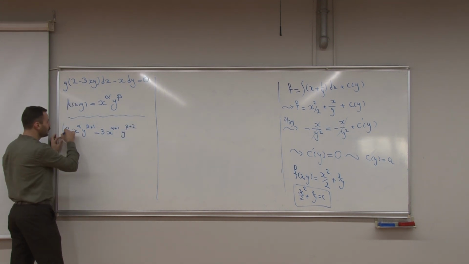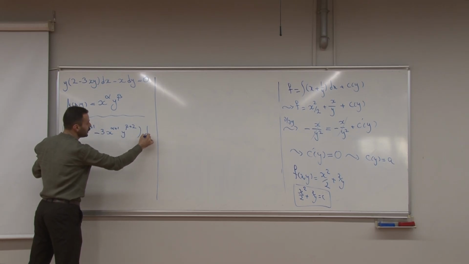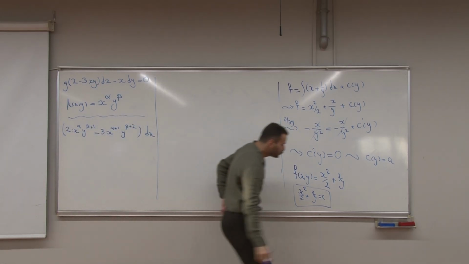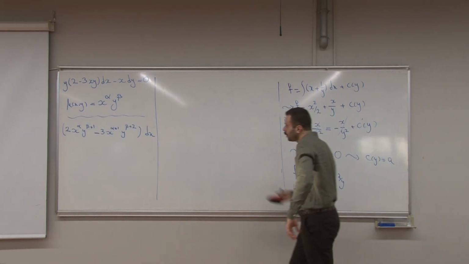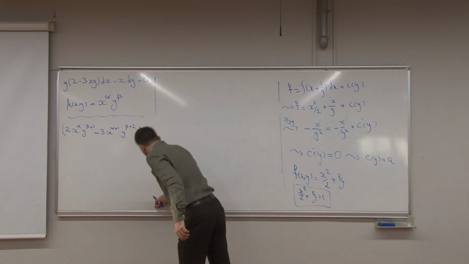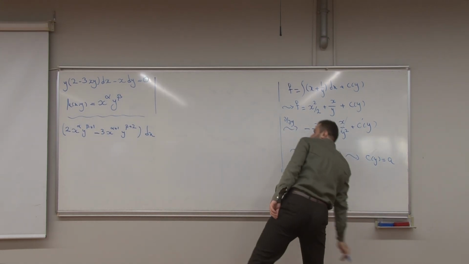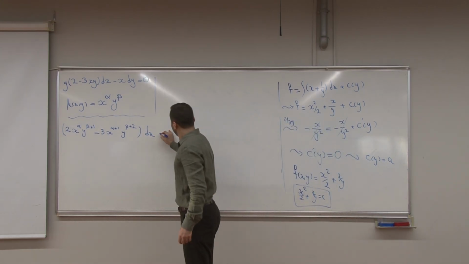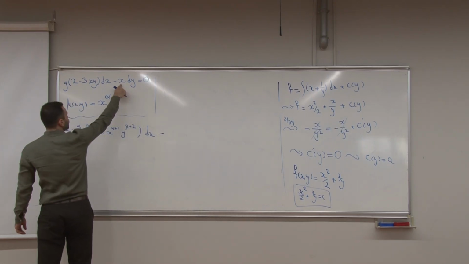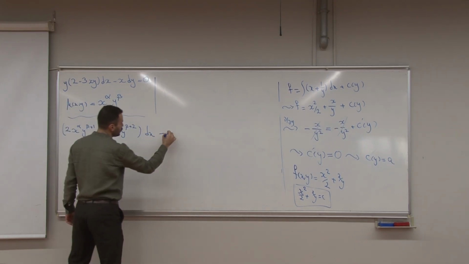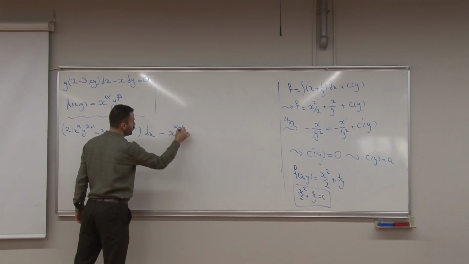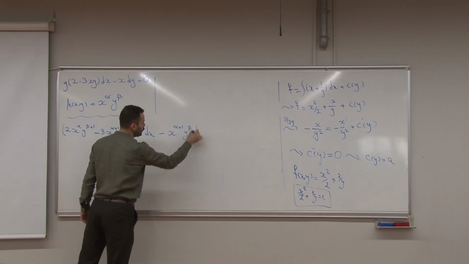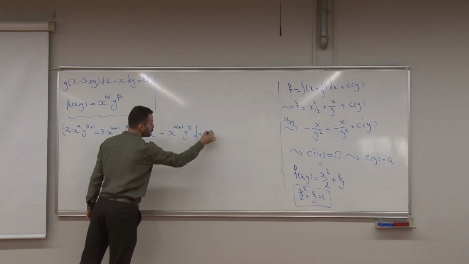This is our dx part. Minus, multiplied with this one, x to the power of alpha plus 1, y to the power of beta, dy equal to 0.